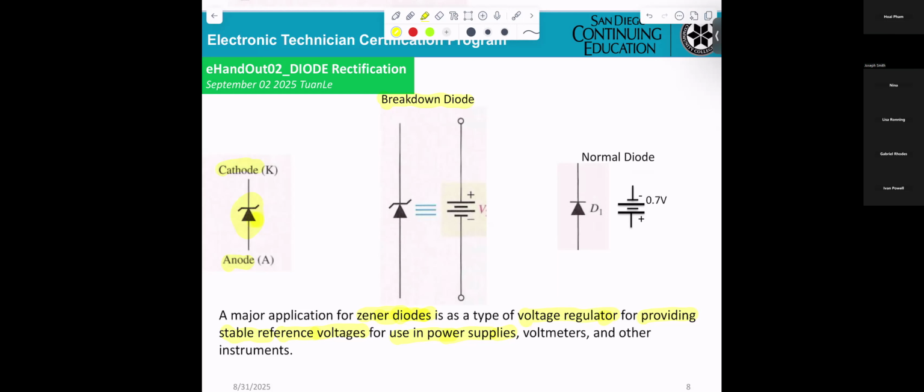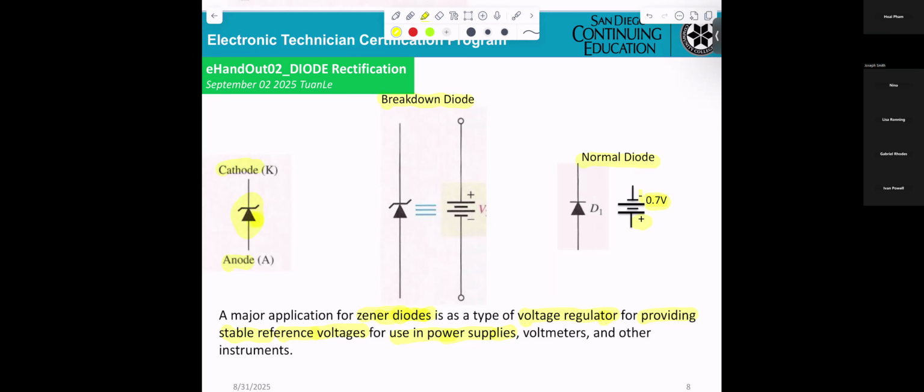And also, a Zener can work normally. If the Zener is like a normal diode and you get a positive and a negative, it has 0.7 volt like the diode we just learned.